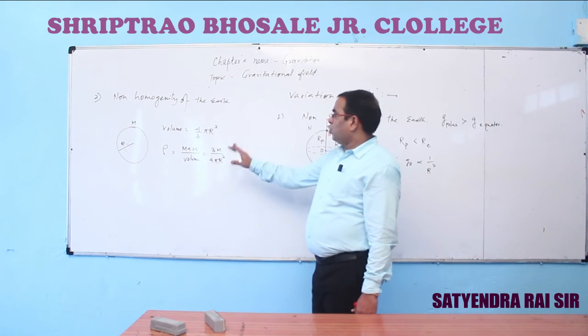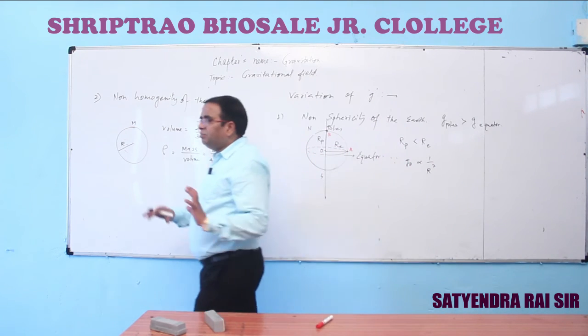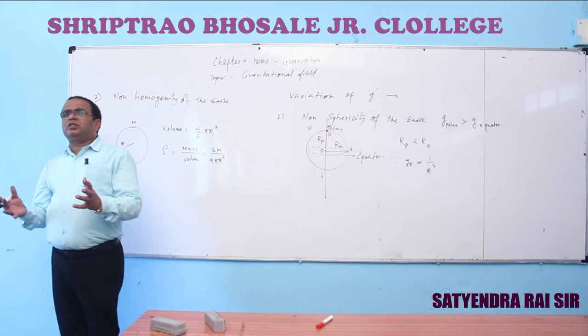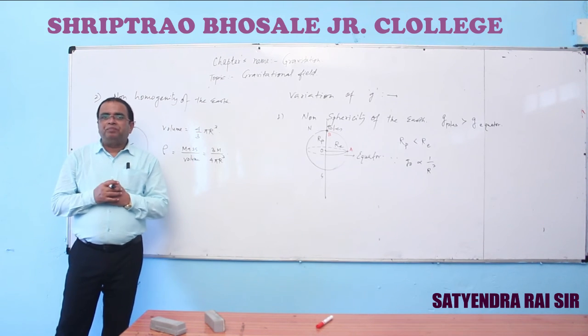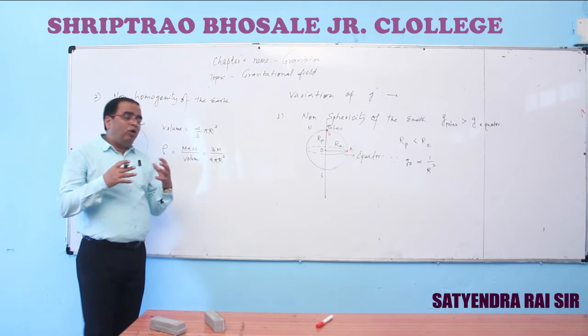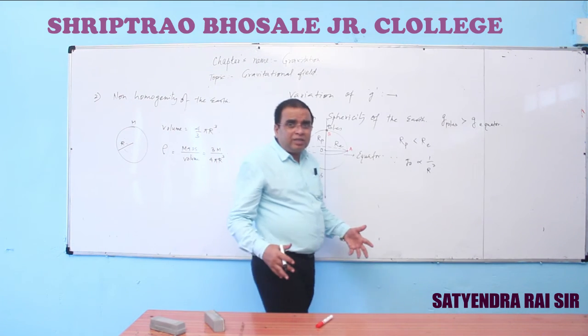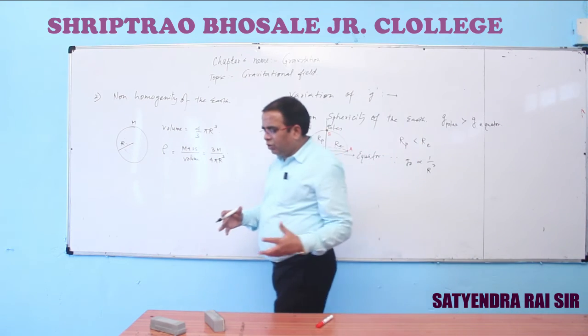Rho is the density. The body of our Earth is made up of different types of rocks. If you go inside, there are gases, there is molten material, there are solid rocks, tectonic rocks, you know it.